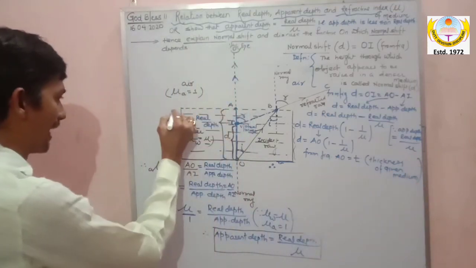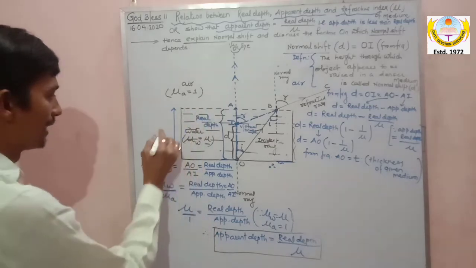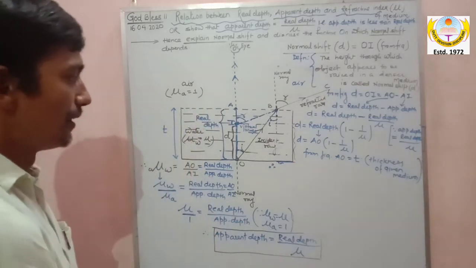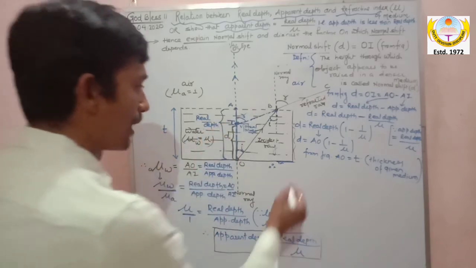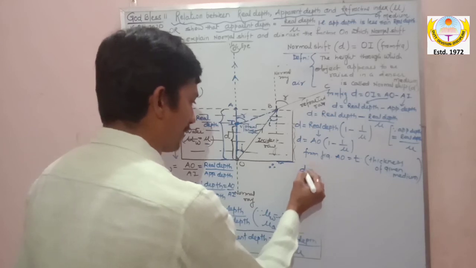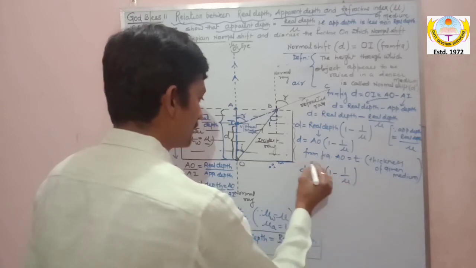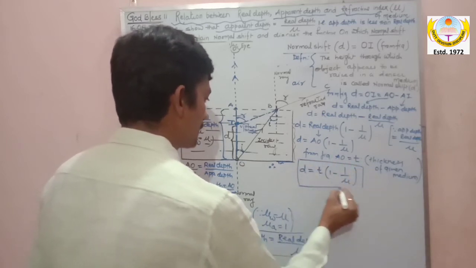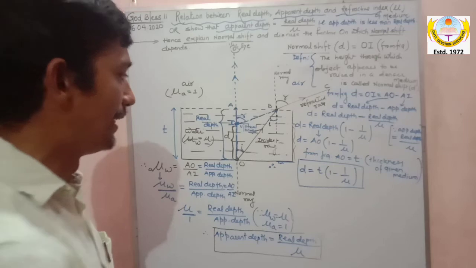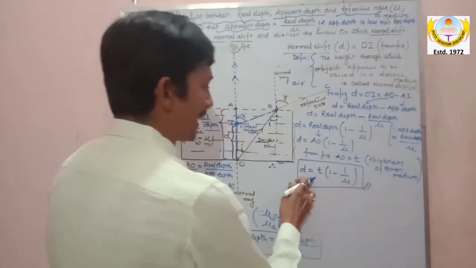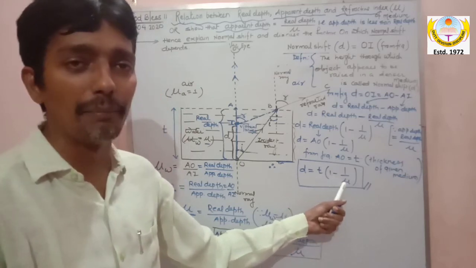Let the thickness of the given medium, the water medium given in the beaker, be T. So my dear, the value of AO, which is real depth, is equal to T. So now the normal shift will become T into 1 minus 1 by mu. And thus, my dear, you can say this is the required derivation for normal shift: normal shift is thickness multiplied by 1 minus 1 by mu.